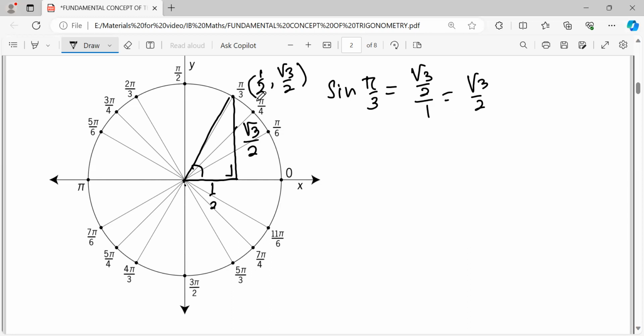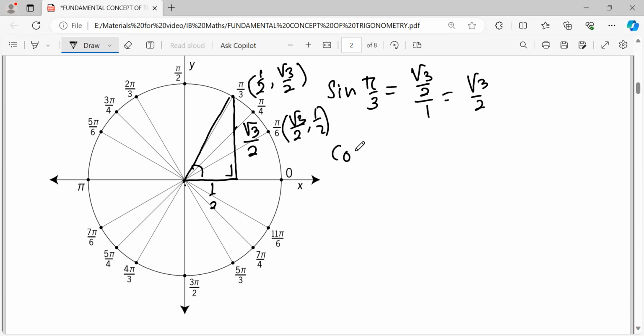Actually, sine is this one, square root 3 over 2, while cosine is 1 over 2 as well. This is square root 3 over 2 and half. This is the sine pi over 3, and cosine pi over 3 is a half.